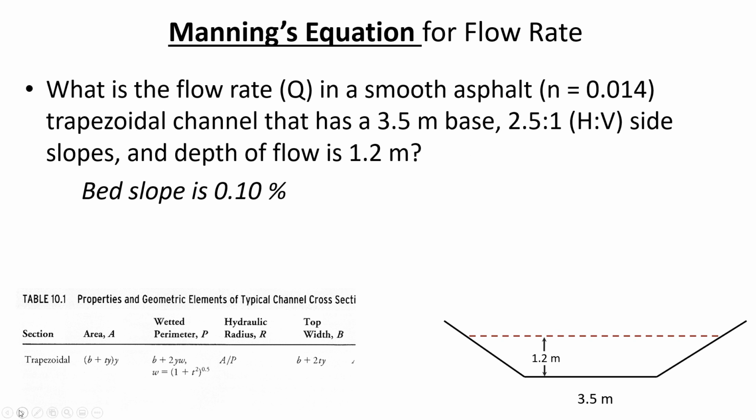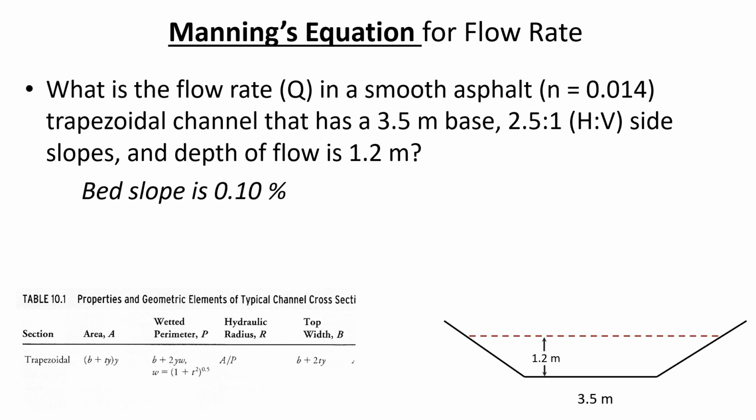Okay, so Manning's equation says Q is area to the 5/3, slope to the 1/2, over n times P to the 2/3. So we'll substitute in the known geometries here. The area is b plus Ty, times y.